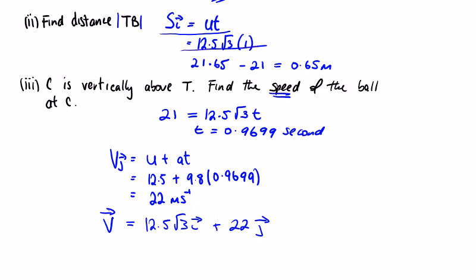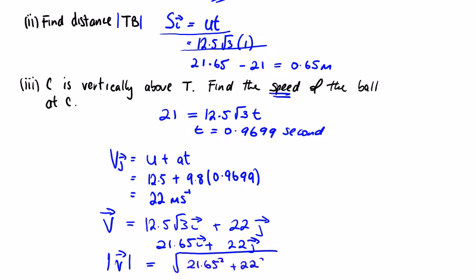We multiplied by 1, so we're going to get 21.65 in the i plus 22 in the j. So the speed, the magnitude of the velocity vector at this point, is the square root of 21.65 squared plus 22 squared, which gives me 30.87 meters per second.